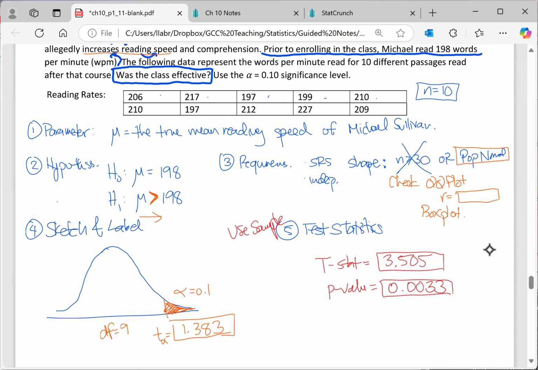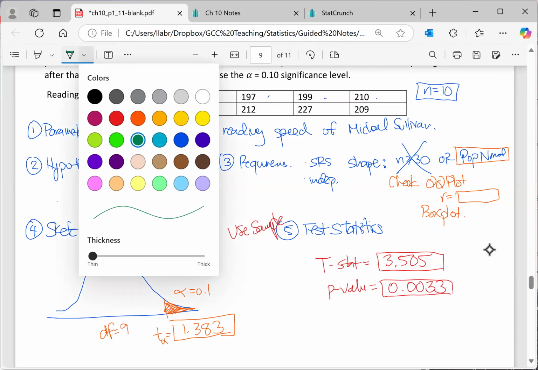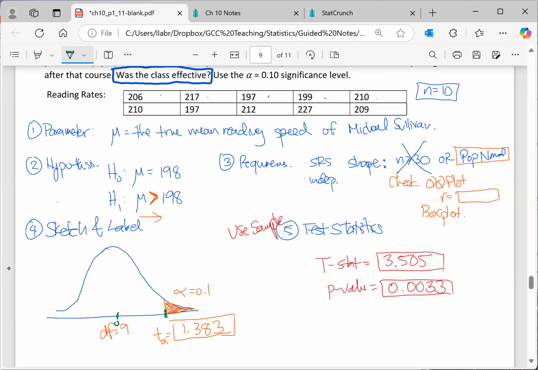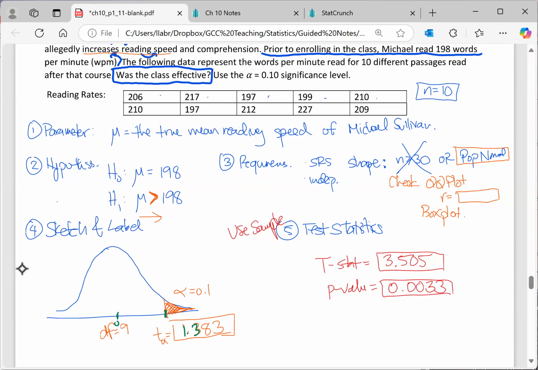All right, now let me clearly indicate how I'm determining this check, just because this is our last hypothesis test together. So 3.5 on the number line. Remember, on the number line, this is 0. This is 1.3. So 3 is actually pretty unusual. It's way over here.